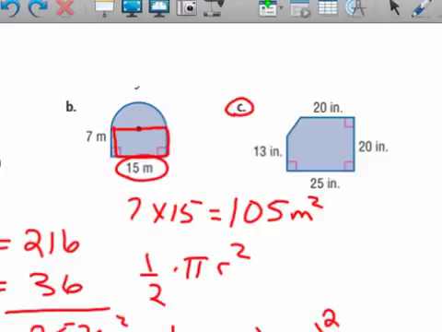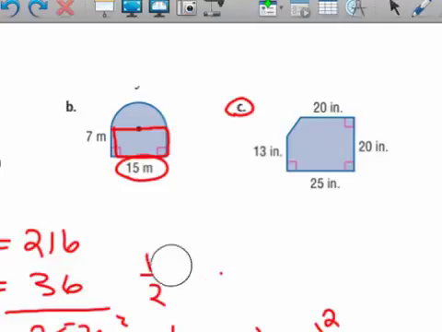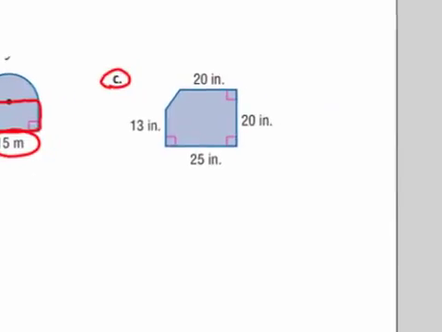And then for the third one, if we didn't have that corner taken out of it, it would just be a rectangle, and we could figure it out. But since we have that corner taken out, we can do this in a couple of different ways. You could say, well, that is a trapezoid and a square, so you could do that.